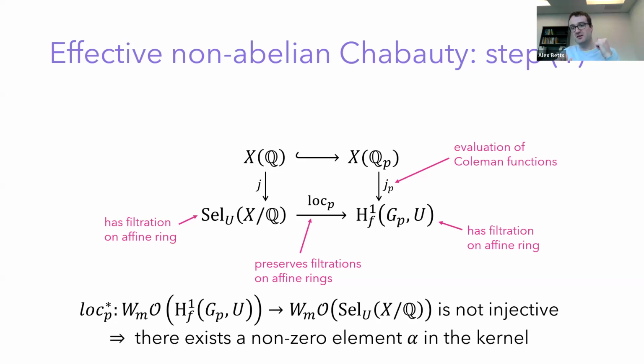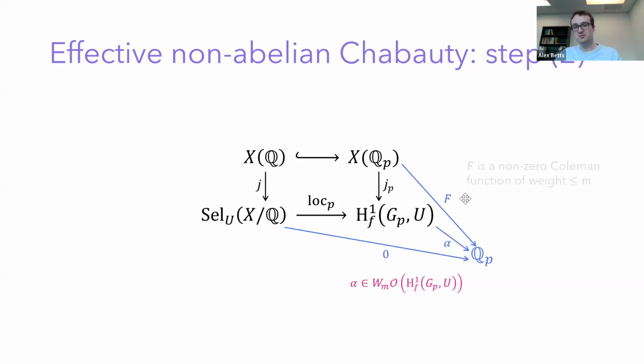An element of that non-trivial kernel is the functional alpha we're looking for. When we use this to produce a Chabauty-Kim function, alpha has weight at most m, and therefore the Chabauty-Kim function is a non-zero Coleman function of weight at most m, and so we know how to bound its number of zeros.